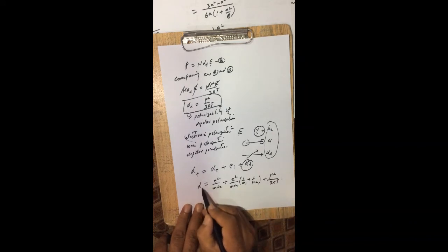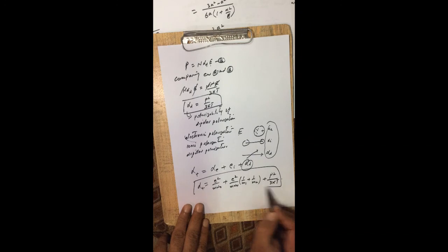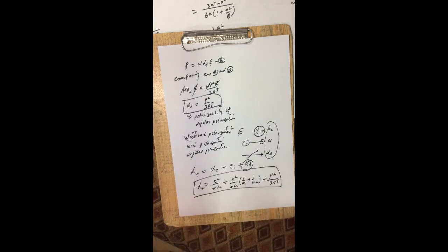So this is the net polarization present in a dielectric material. But remember that the dielectric material consists of ions, and the molecules also have a permanent dipole moment. Then in that case the total polarization will be this one.